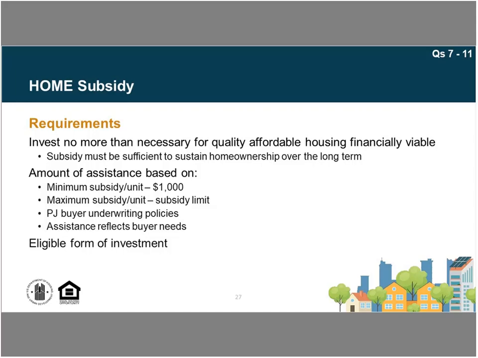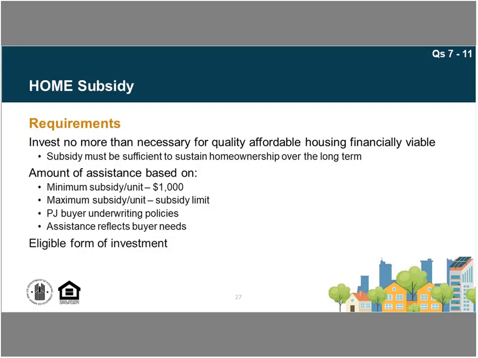There's also the eligible forms of investment requirements in the HOME program that give you the range of options that all of you are in. You can do grants, you can do loans, you can do amortizing loans, interest-free loans, non-amortizing deferred loans, all kinds of things are up. You're also permitted equity investments and so forth.